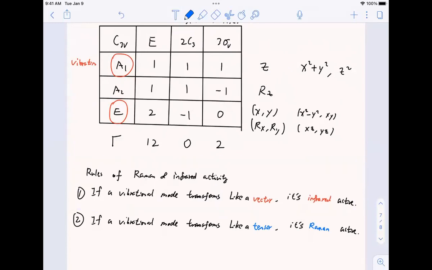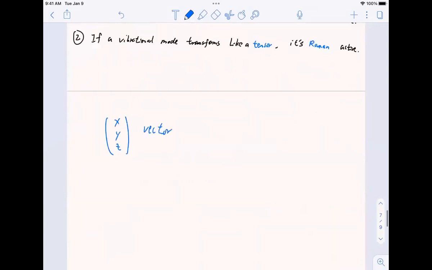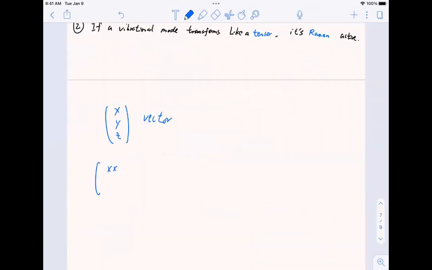Does it transform like a tensor? It's also yes. These are tensor elements. With x, y, z, you form a vector, and then you have xx, xy, xz, yx, yy, yz, zx, zy, zz. Then you form a tensor.